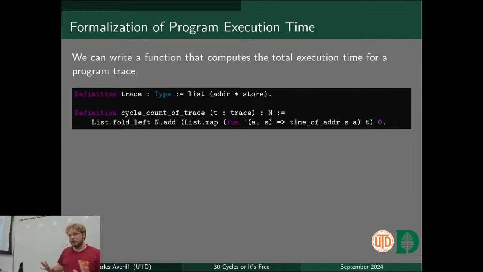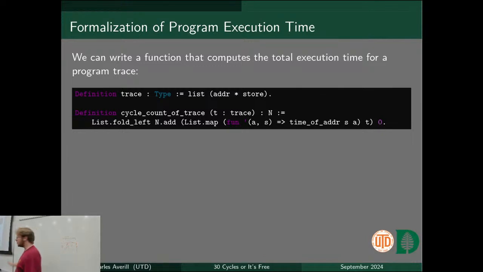Okay, so we've set up some good machinery to get started on this, and let's stick it all together now. So assuming we have some trace, which is just a list of addresses to instructions and a CPU state, which we call a store. We've got this list of these 2 things. So what can we do?